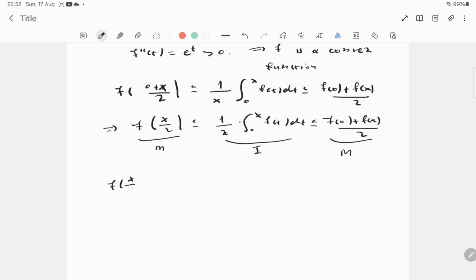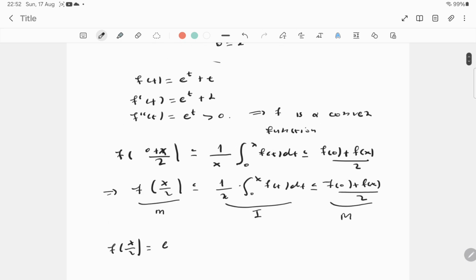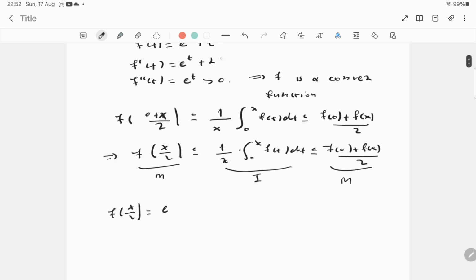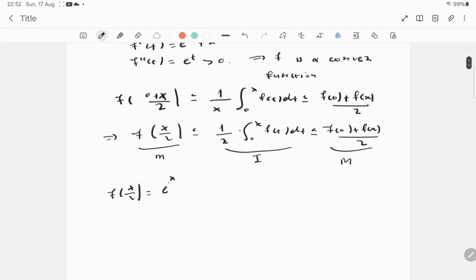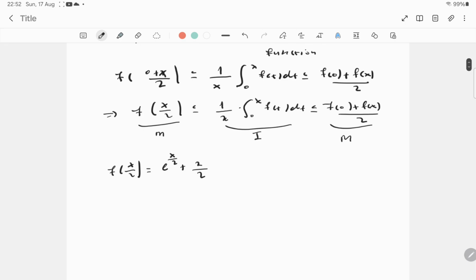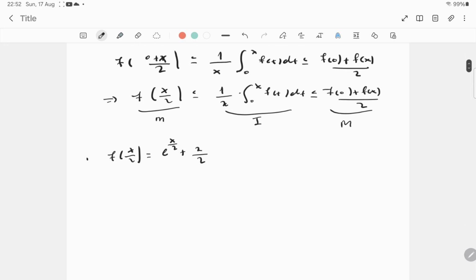So f of x over 2 is going to be, I'm going to replace x over 2 in the function here. So it's going to be e to the power of x over 2 plus x over 2. That's the little m. Let's compute the integral I, 1 over x times the integral from 0 to x of f of t dt.